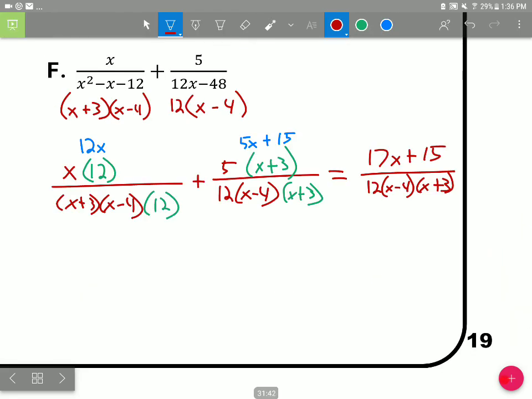Did you get 17x plus 15? Yes. Sweet. Can you factor the top at all? No. Nothing to divide out? No x squares to deal with? No. So can we go further or are we done? We're done. We are done. Stick a fork in us.